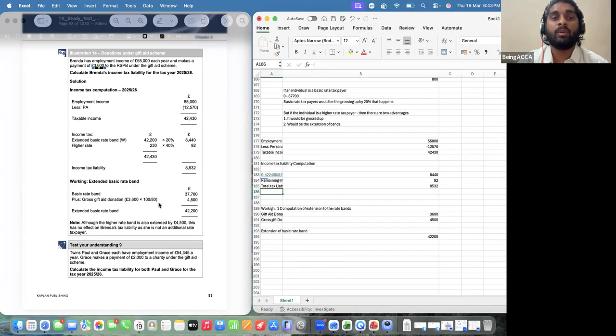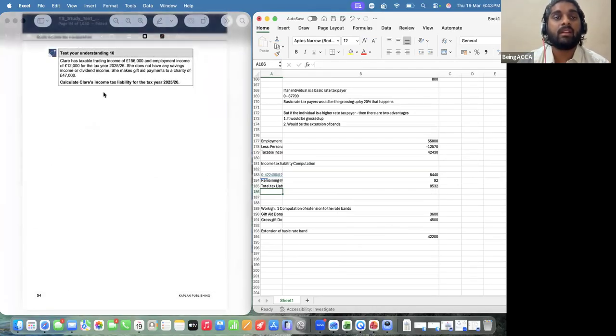With this, we come to the end of the chapter. In the next session, we will be solving a few questions, along with discussing how the residency of an individual is identified and further topics relating to transferable allowance, and all of those.